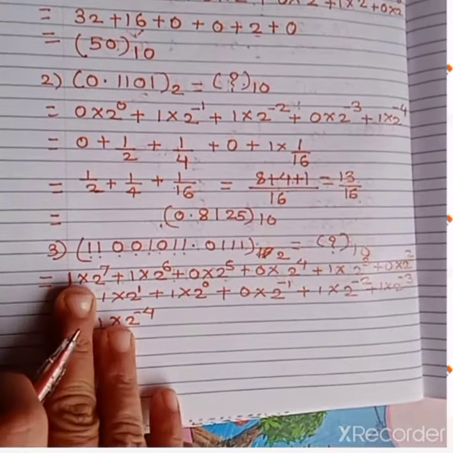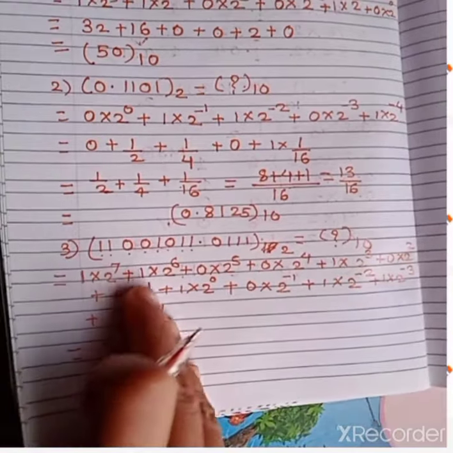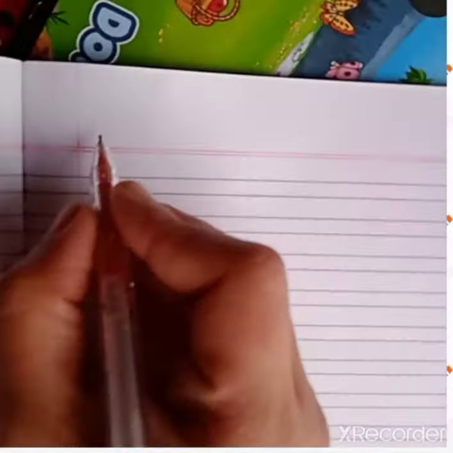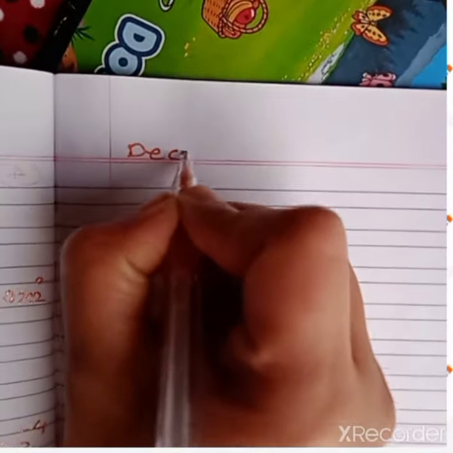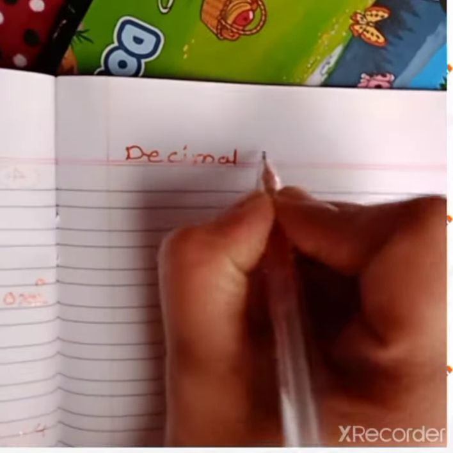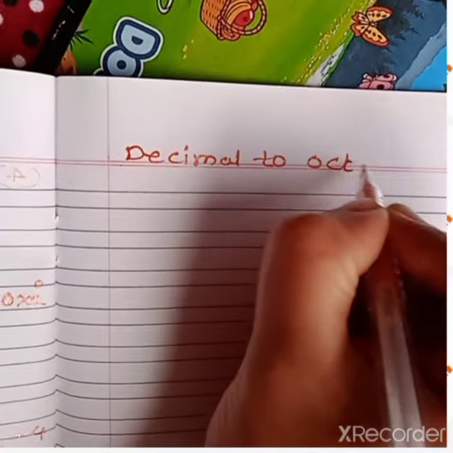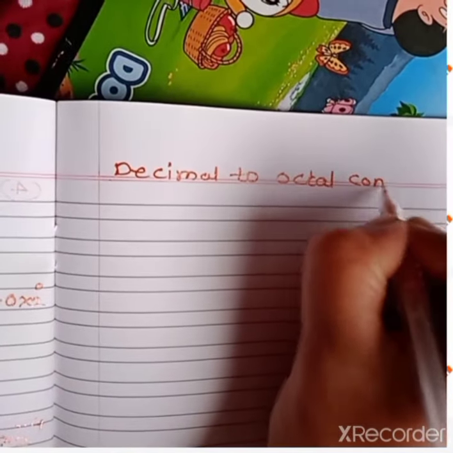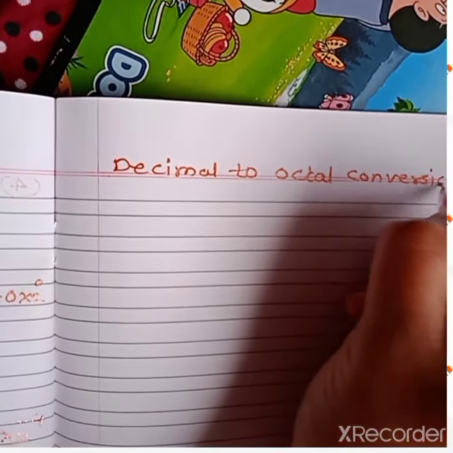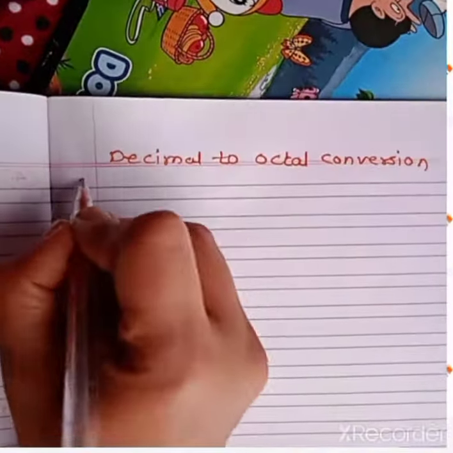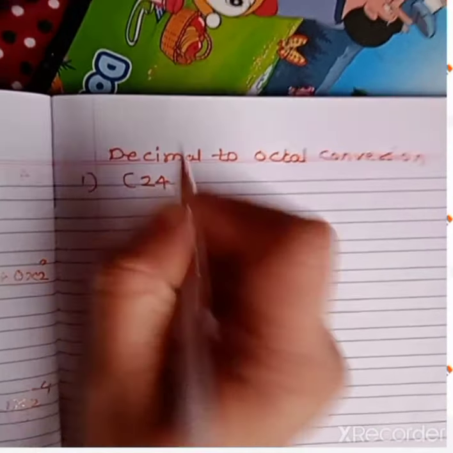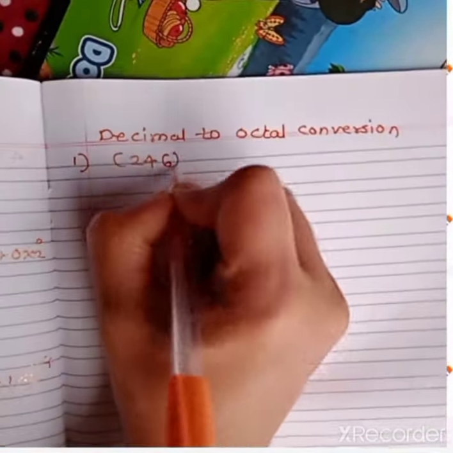Now we'll see decimal to octal conversion. The number given is 246 to the base 10.